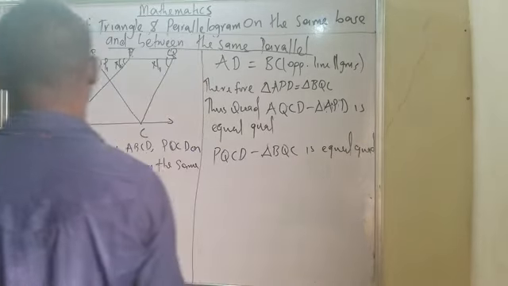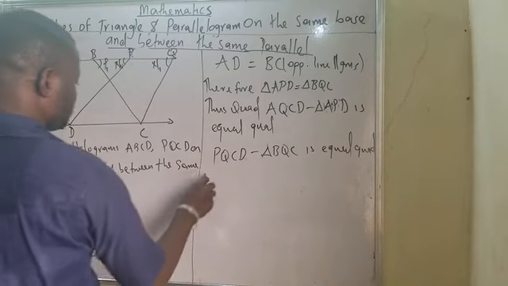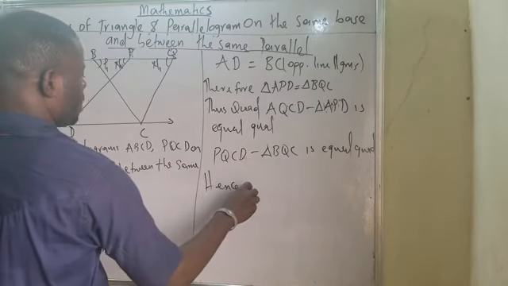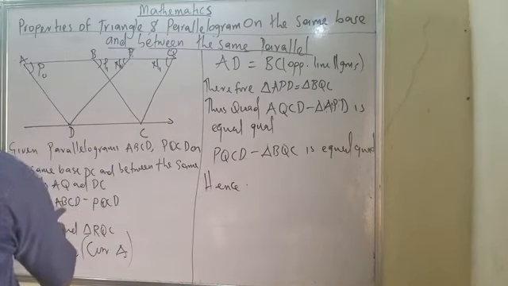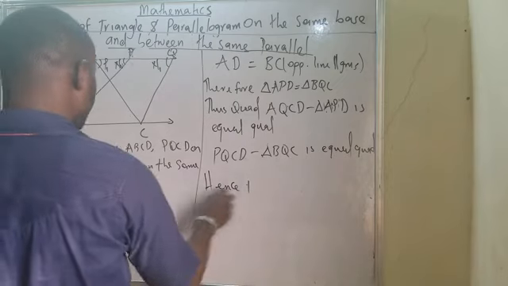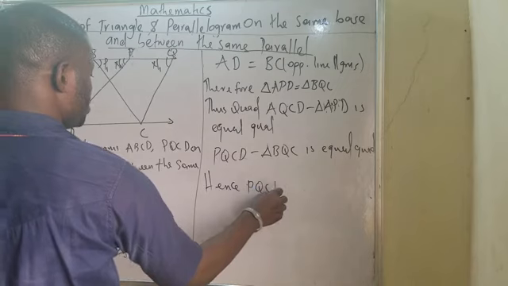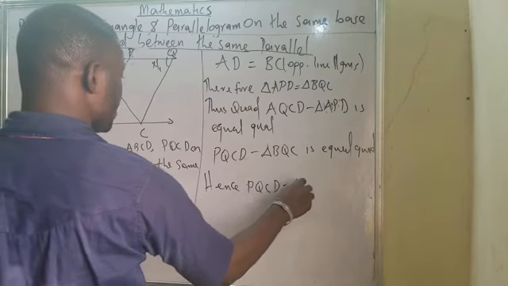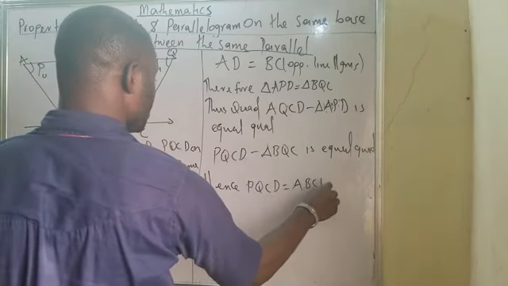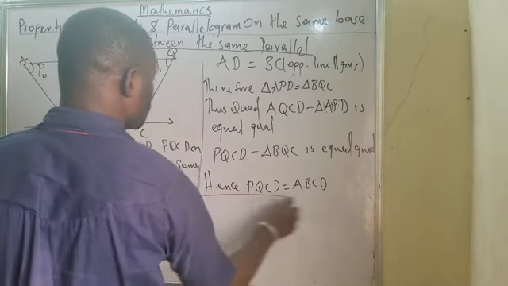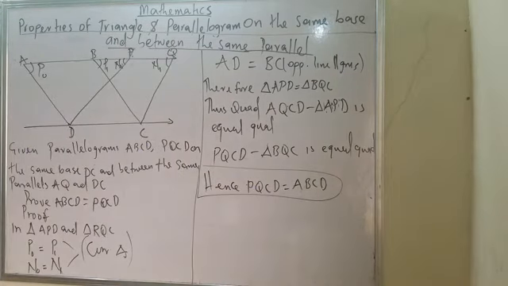Now, what next is that PQCD will be equal to ABCD. That is what we have to prove. That's what we have to prove.